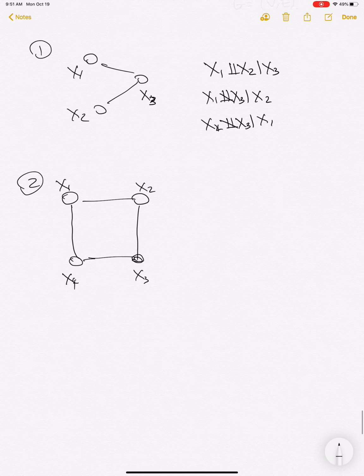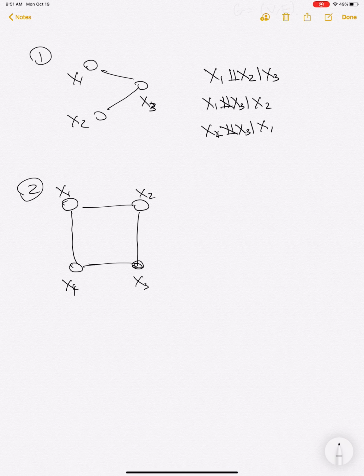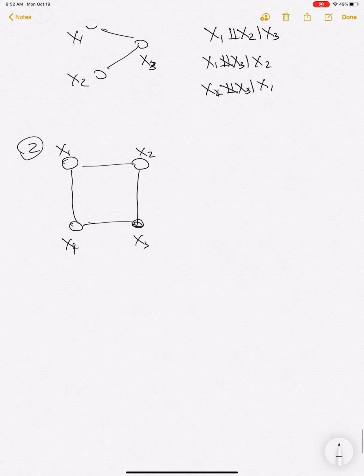And then we're going to look at x1, x2, x3, x4 here, the second graph. So we clearly see that x1 is going to be dependent on x2 given the neighbors of both, which includes both x3 and x4 because they're neighbors of x1 and x2.